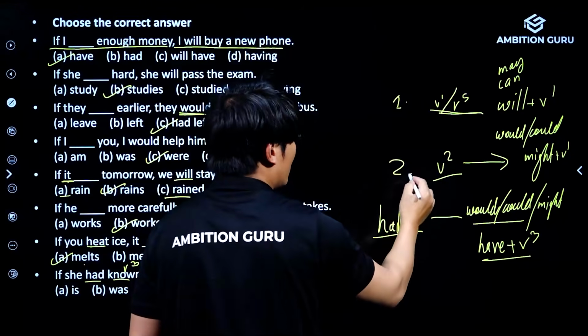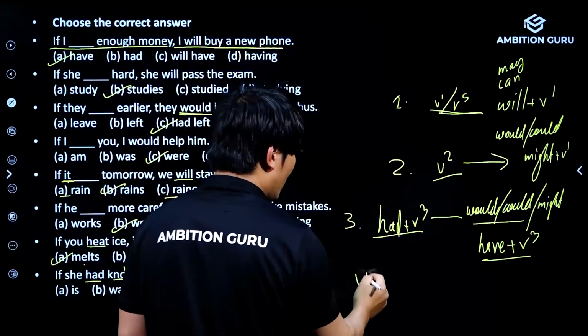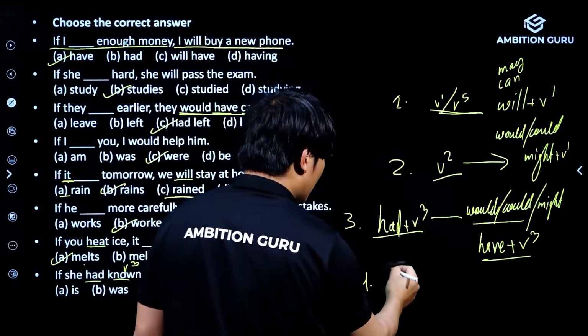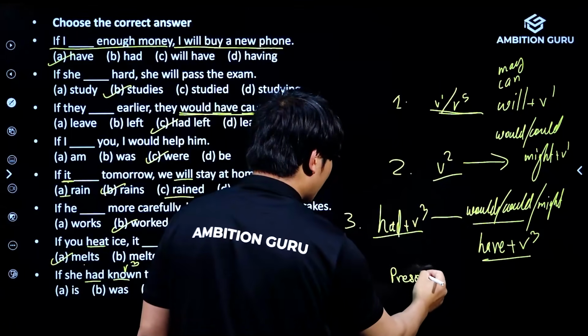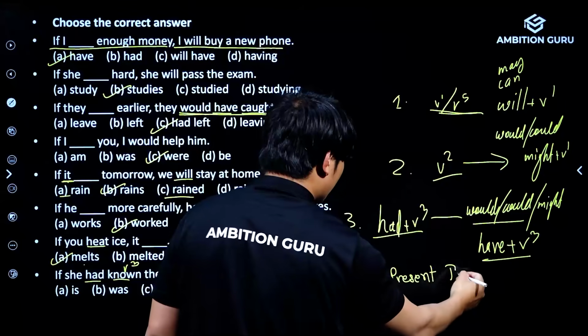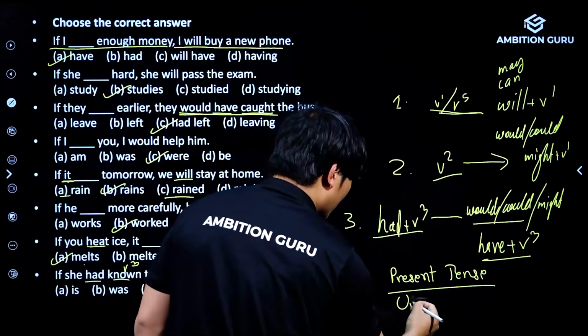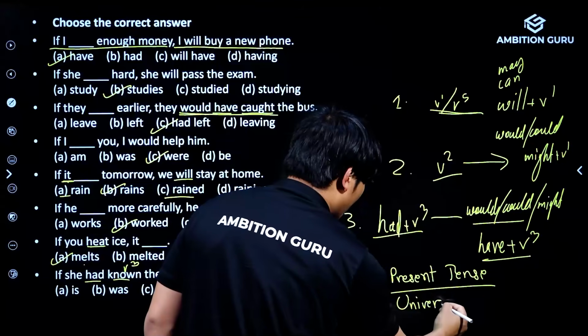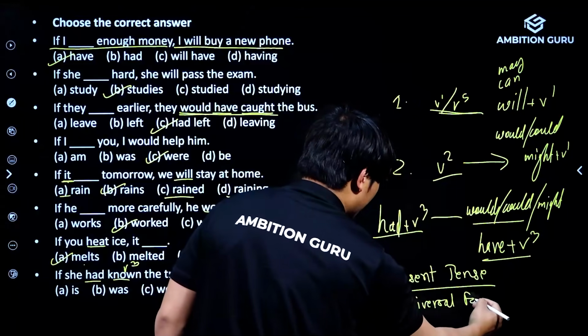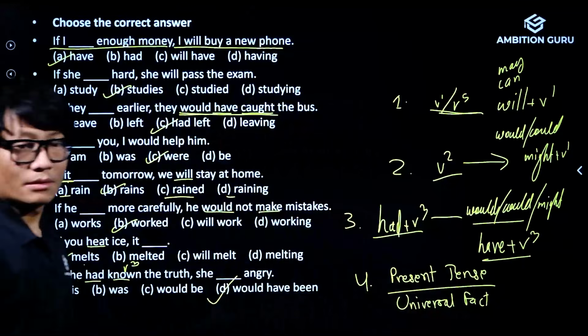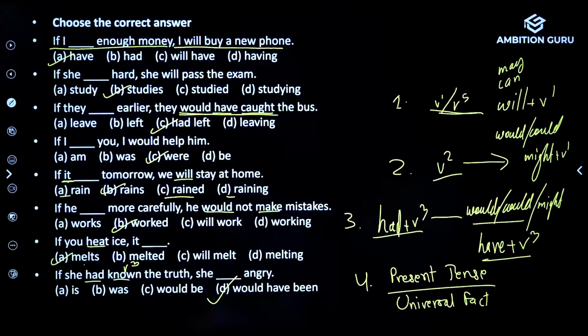This is rule number 2. This is rule number 3. This is rule number 4. That is present tense. Universal fact. Okay. Done? Okay.